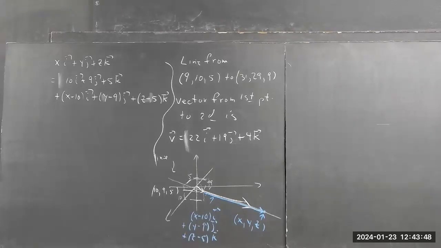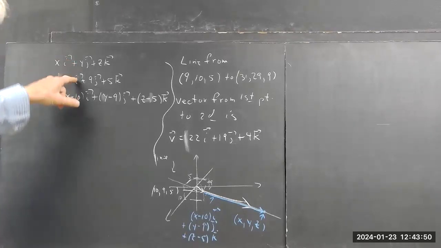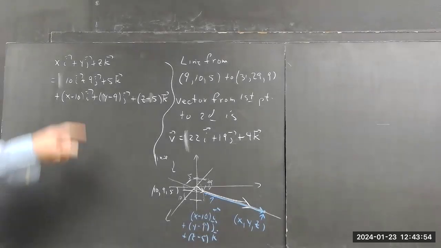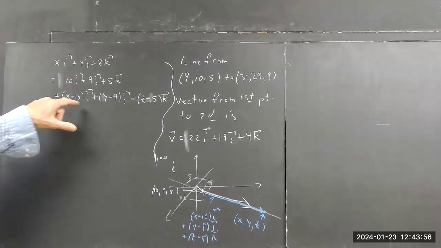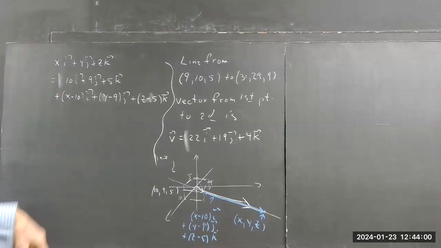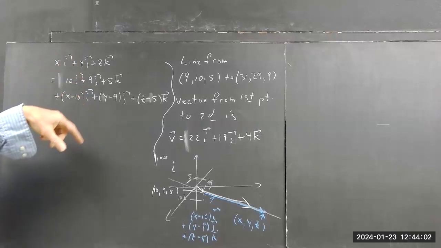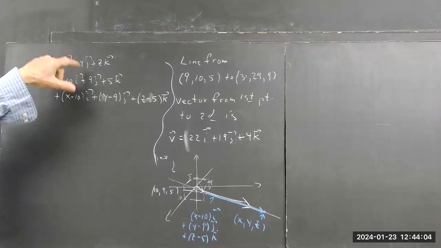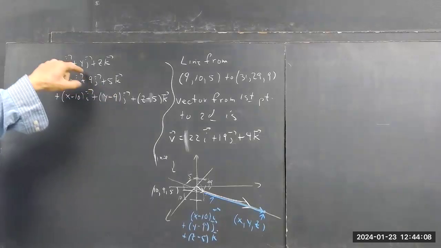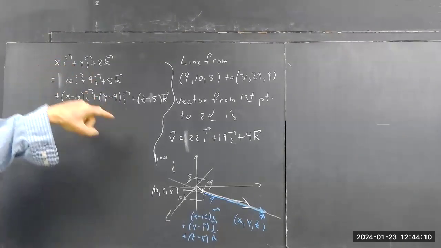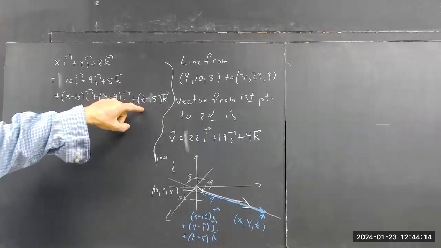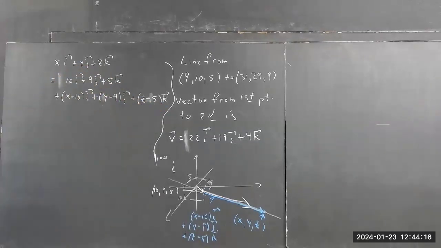Depending on whether you can visualize it or not, you have to accept this. If I add these up, 10i plus (x minus 10)i is xi. 9j plus (y minus 9)j is just yj. 5k plus (z minus 5)k is just zk, right?